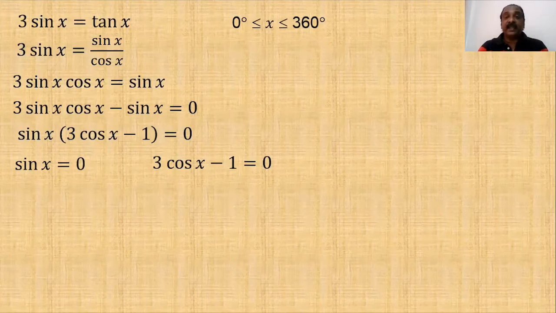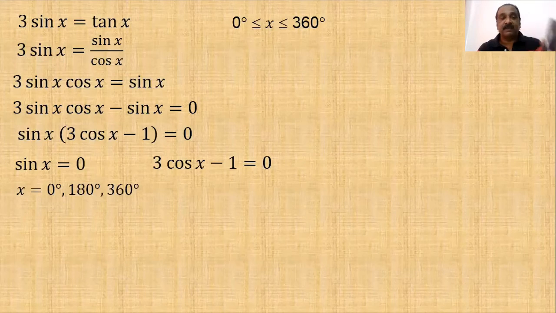So sin x is 0, 180, 360. How do I know? Wait for next week. Okay, so you press it. Sin 0, you'll get 0. Sin 180, you'll get 0 as well. Sin 360, you'll get 0 as well.